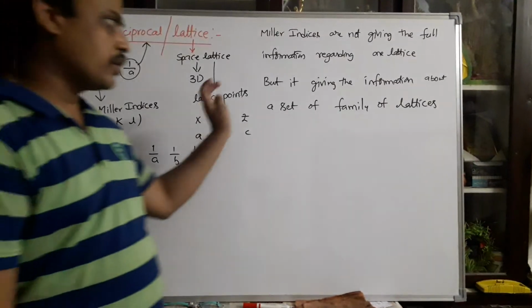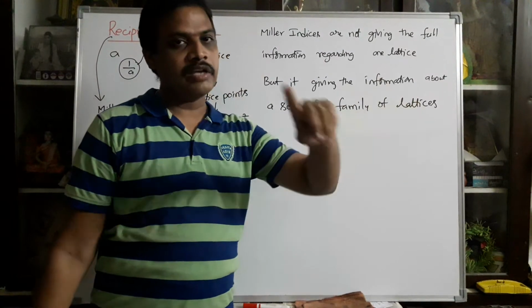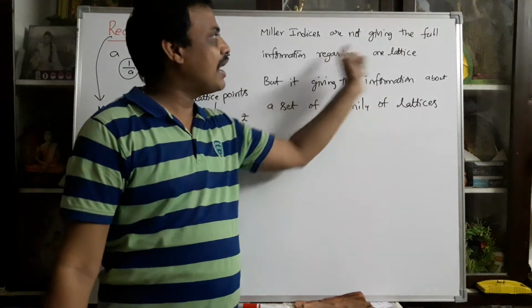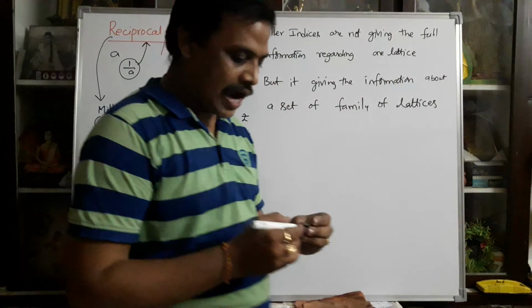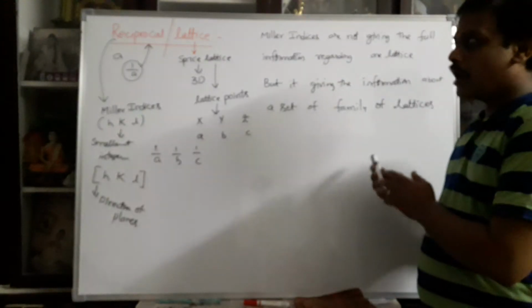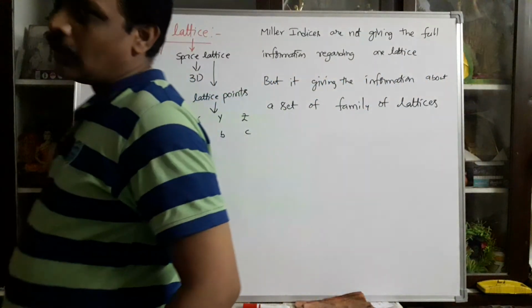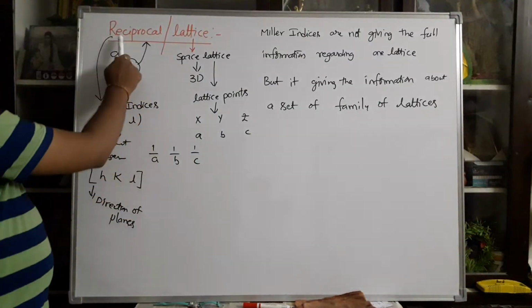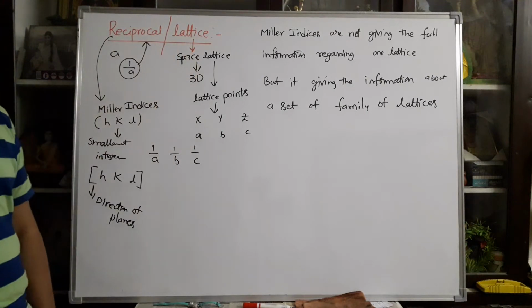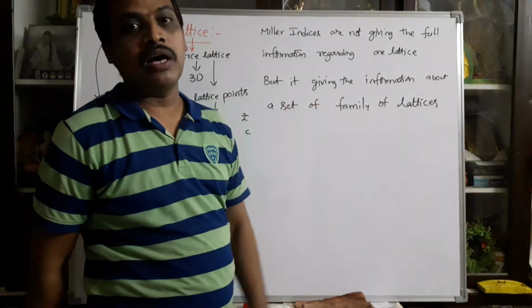So Miller indices are used to give information about a family of planes, not the complete characteristics of a single lattice plane. So based on Miller indices, we are not given the complete information about the single plane.